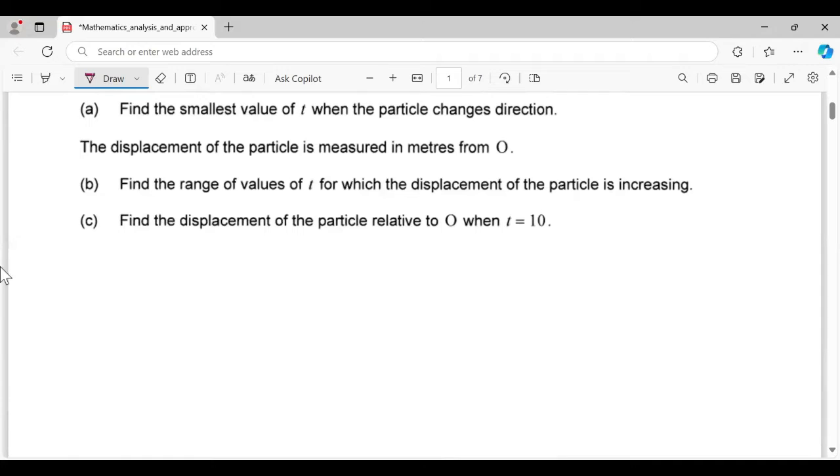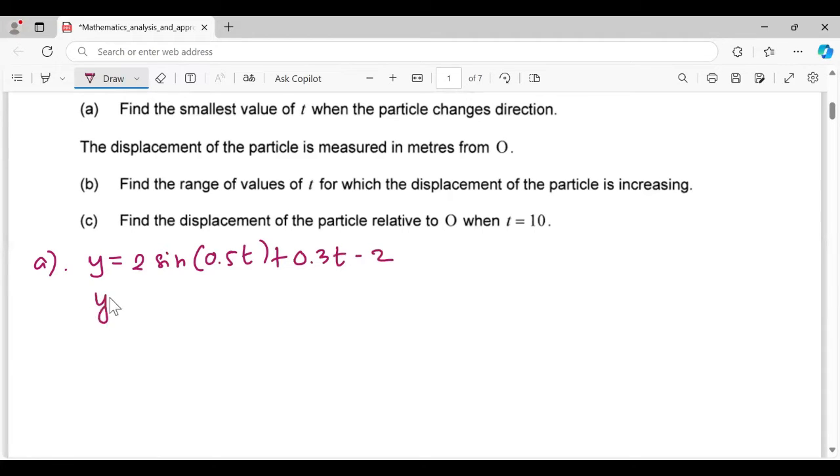Okay, or you can determine it through the calculator, but I would like to show you how we determine the point through my way, through the first derivative of 2 sine 0.5t plus 0.3t minus 2.